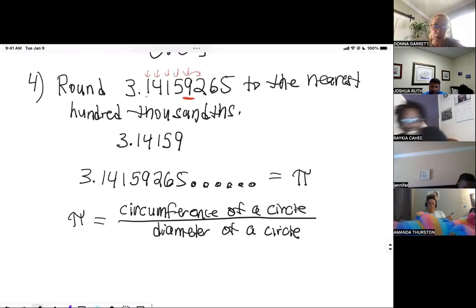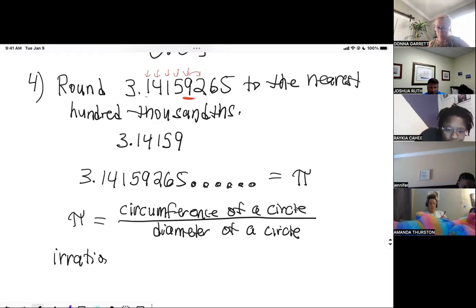What's cool is that it doesn't matter the size of the circle. It'll always divide and be equal to 3.14159265. It goes on forever. It's also an irrational number because it goes on forever and never repeats.